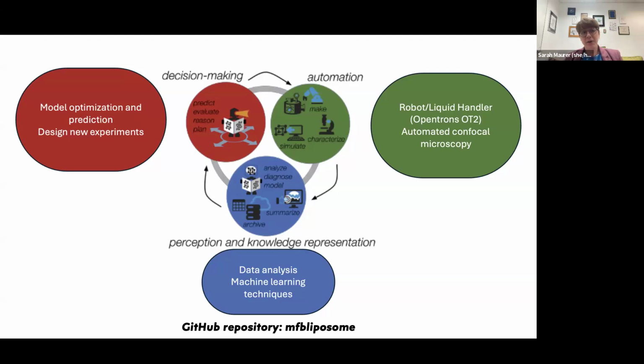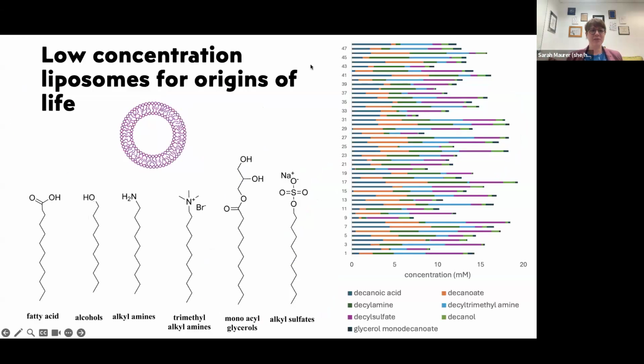Then all of those micrographs are processed using a template matching computer algorithm. And we are then working to understand the compositions using some machine learning techniques. And then using Bayesian optimization, we are predicting certainty of whether or not vesicles are forming in a specific composition, and designing our new experiments from that. So this is an iterative cycle. We've just finished round 5 and we're in our final round, so this is in preparation for publication.